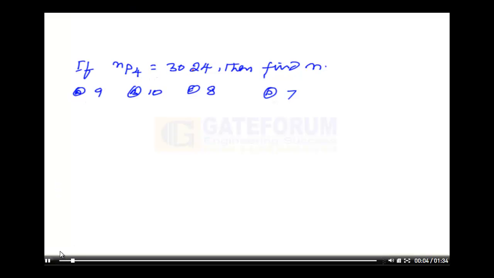See the question. We shall find n here, given nP4 equivalent to 3024. So we know that nP4 equivalent to n factorial by n minus 4 factorial.